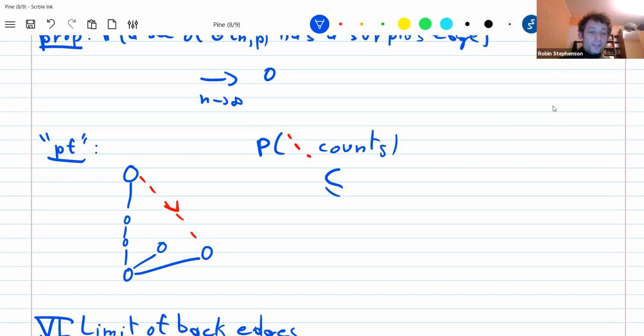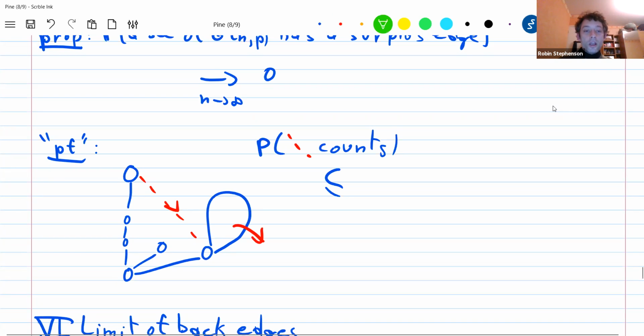Well, this means that we would want something to start from this vertex here and loop back somehow into the source of the red edge. So this means you'll realize we need either a red edge to go out of here or a green edge to go out of here. And by here, this little thing I drew, that's the tree of descendants of that vertex.